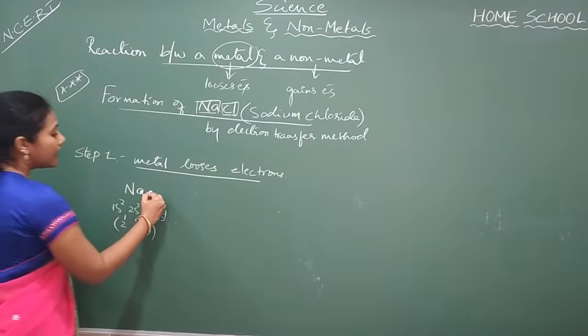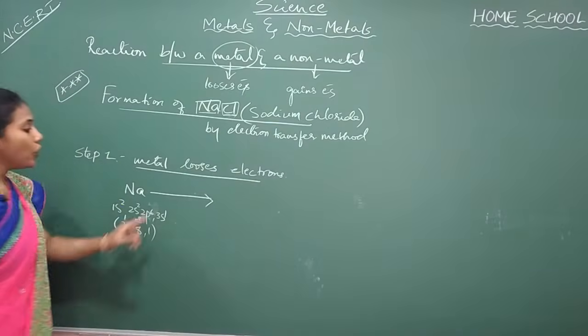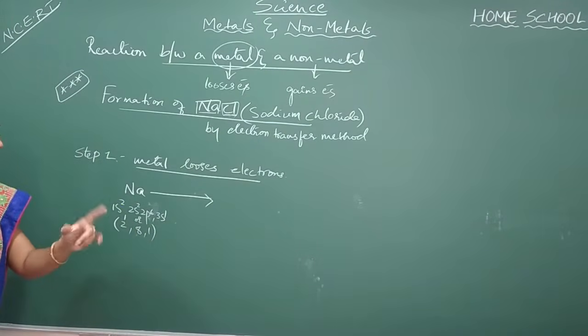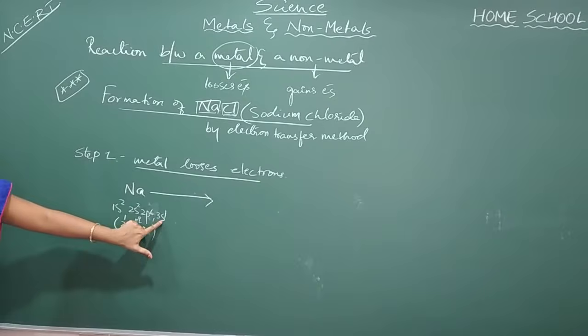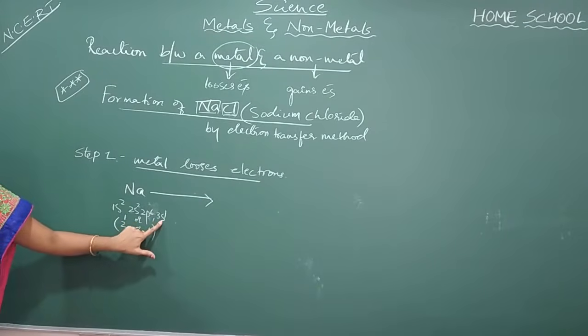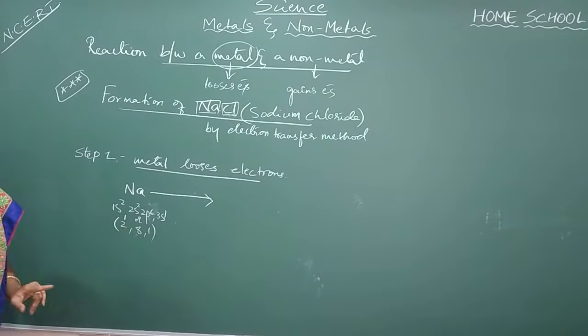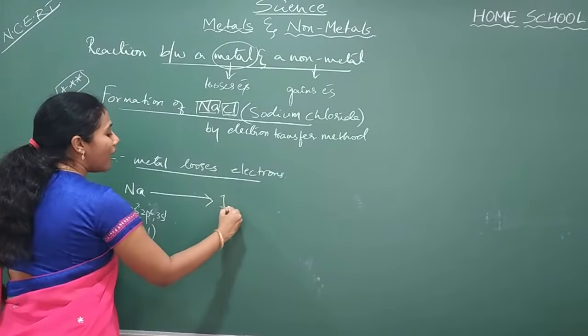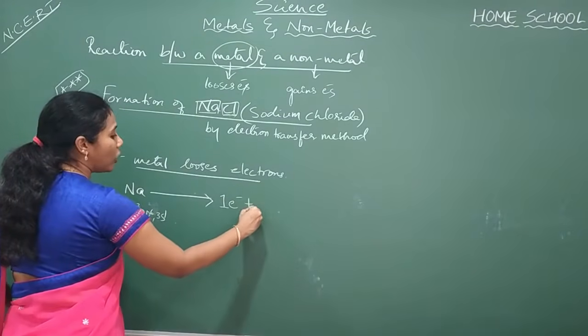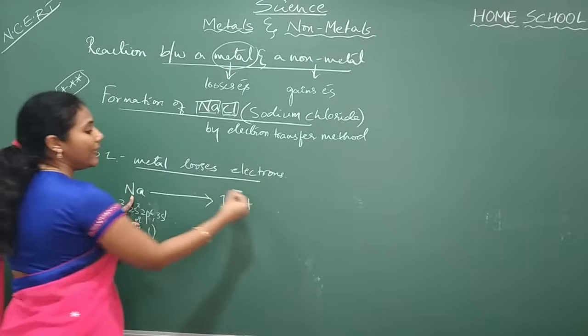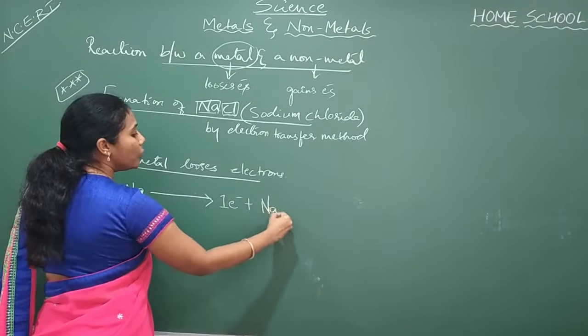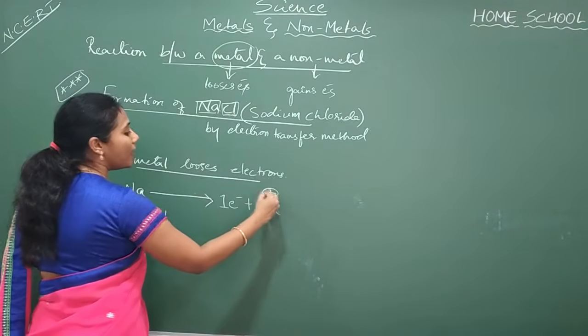And now this sodium loses how many electrons? 1 electron it will lose. After losing 1 electron, this sodium will get converted into Na plus ion.